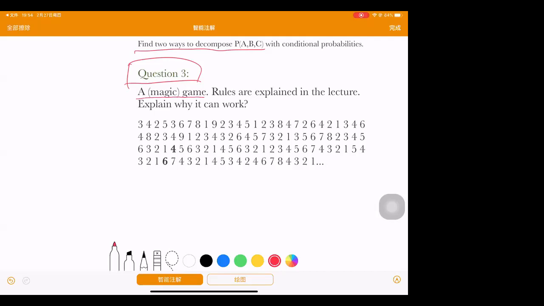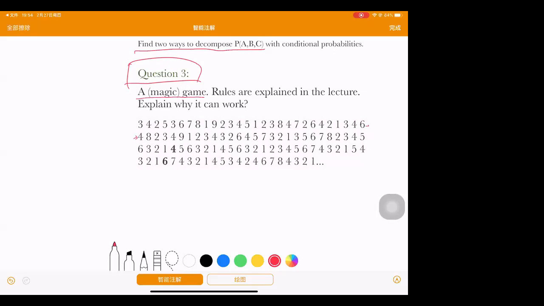Firstly, I generate a series of numbers. This series of numbers is random, right? 3, 4, 2, 5, 3, 6. Basically, it's a long sequence, where after this 6 comes the 4. So it's just a random sequence of numbers.